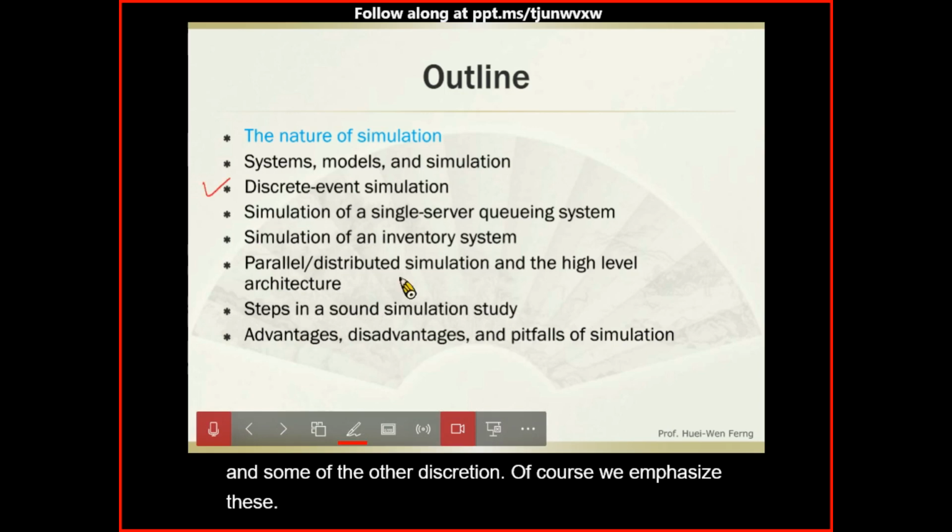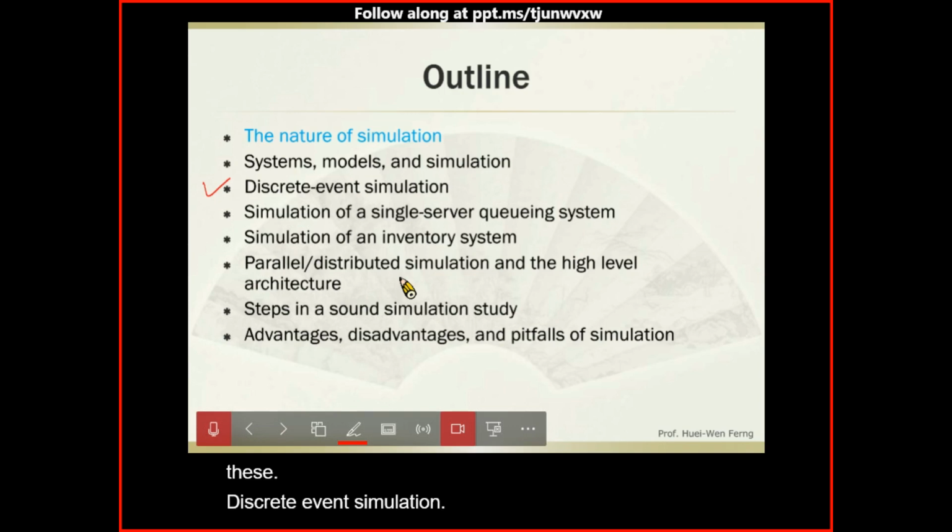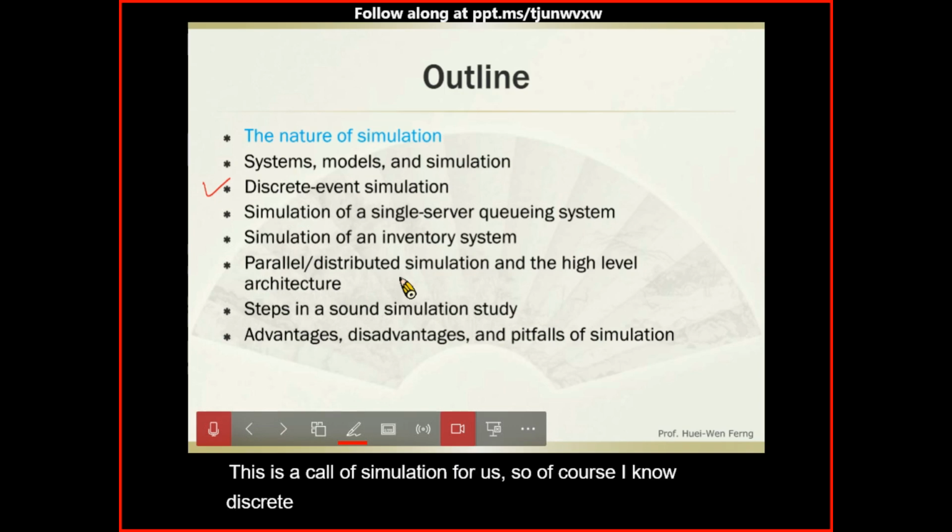Discrete event simulation is the core of simulation for us. So, of course, I will explain discrete event simulation, and after that, we will have an example using a single server queuing system.